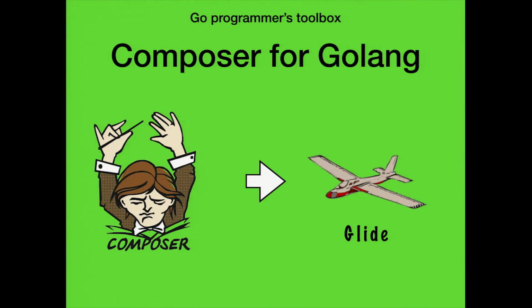Now, this is a simple one. What Composer is to PHP is what Glide is to Golang, to a certain extent. Lucky us in the PHP community, we have basically one standard dependency manager. Go does not. Actually, I'm not sure if any other language has that, but Go has Glide and more than 10 others. But Glide is something I can really recommend because it looks a lot like Composer in terms of how you use it.